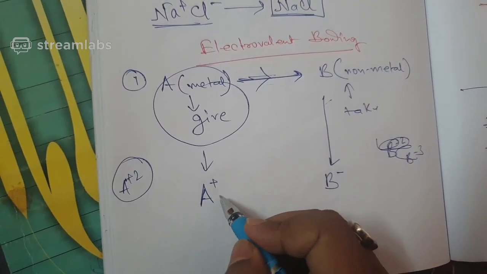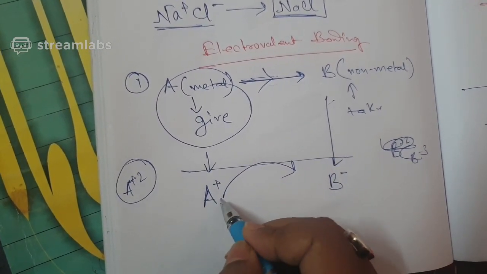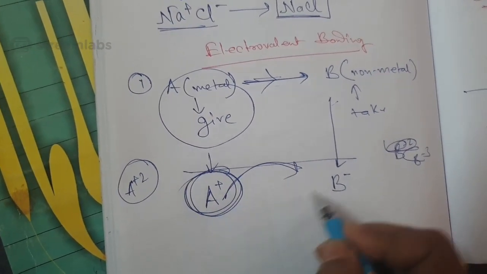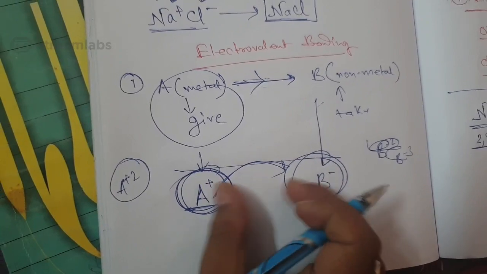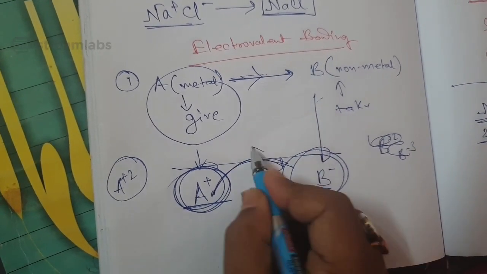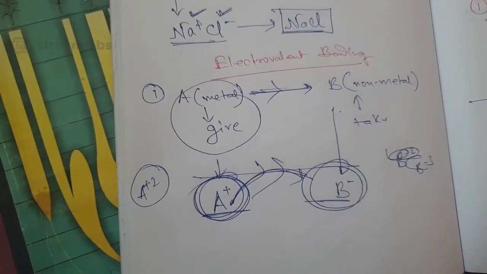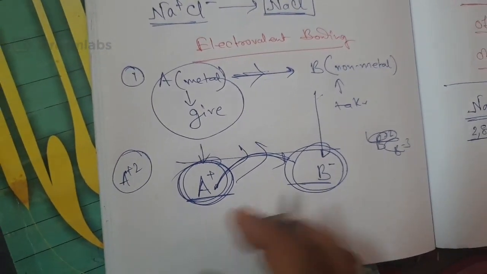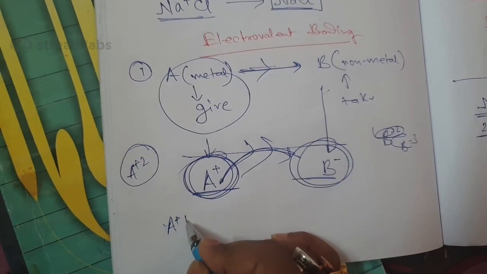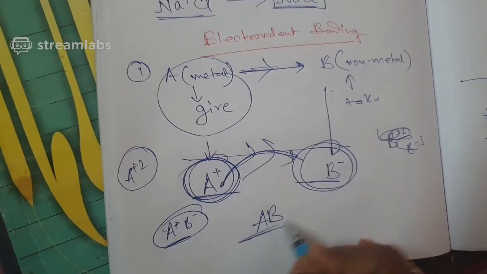But what is happening? The metal is giving electron, the non-metal is taking electron, and because giving electron forms positive charge and taking electrons forms negative charge, cation and anion have a high force of attraction. Because one is giving and the other is taking, they are in very close proximity to each other, so there will be a high force of attraction between them and they will form a compound.